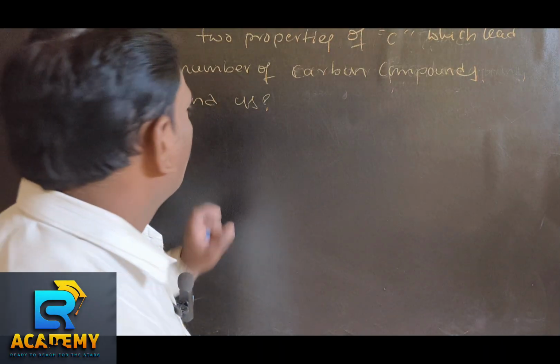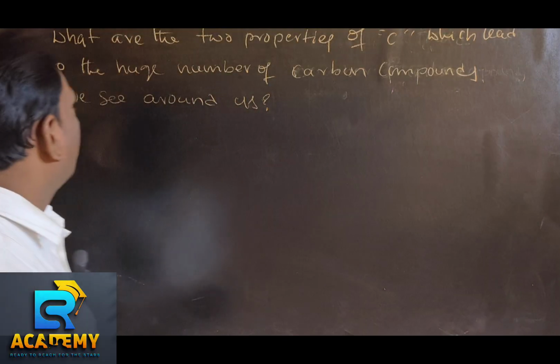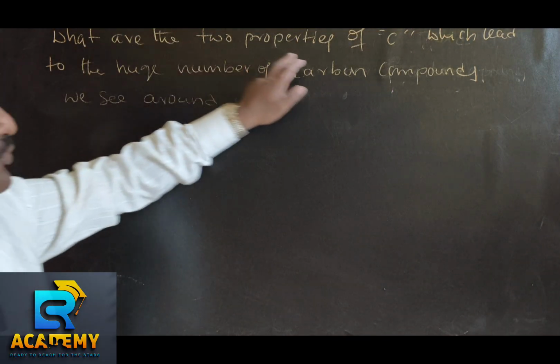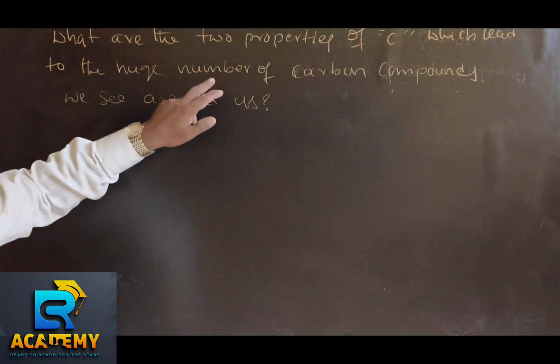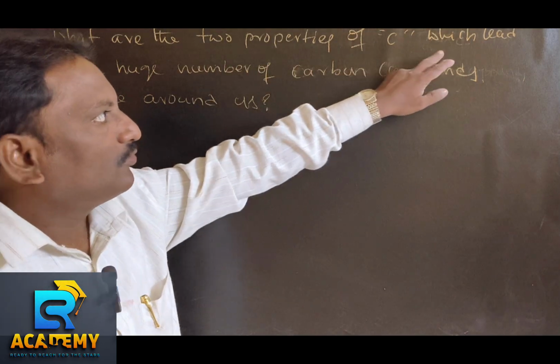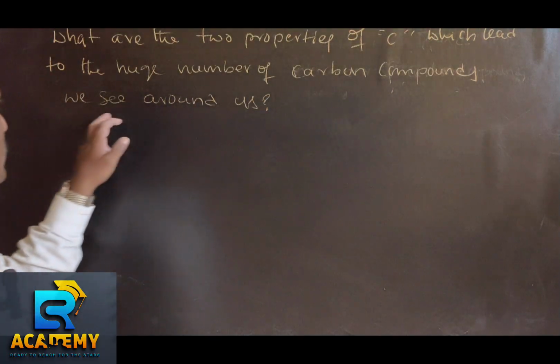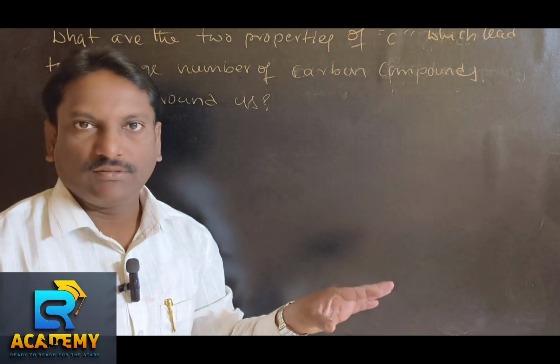See around us. Right. Let us answer this given question. Let me read it out. What are the two properties of carbon which led to the huge number of carbon compounds we see around us? Get ready.